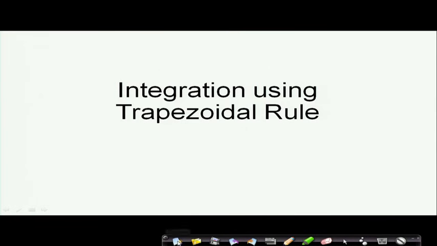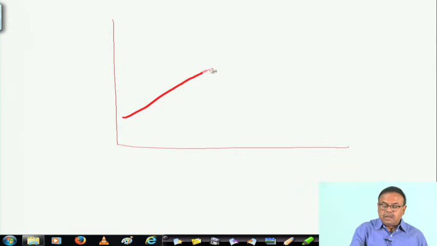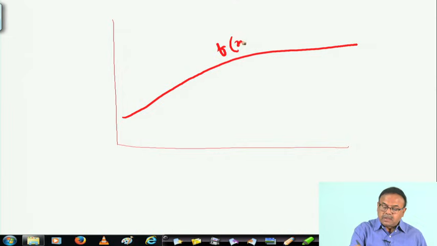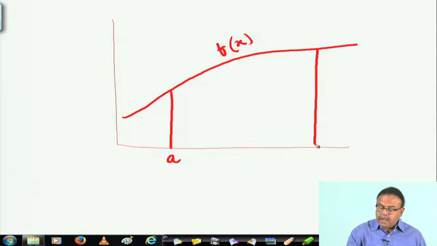Now, all of you know what integration means. Given a particular function, say I have got a function like this, and suppose this function is f(x), and I want to integrate it within the range a and b.